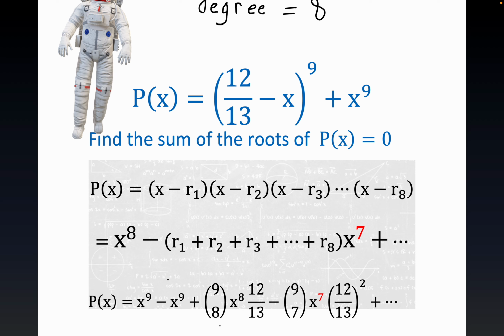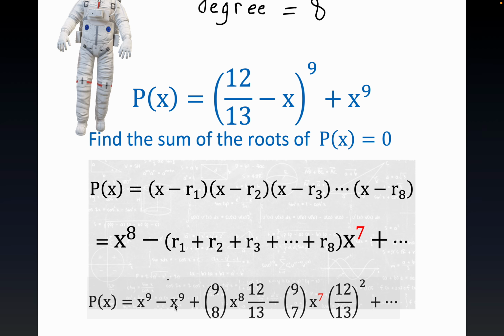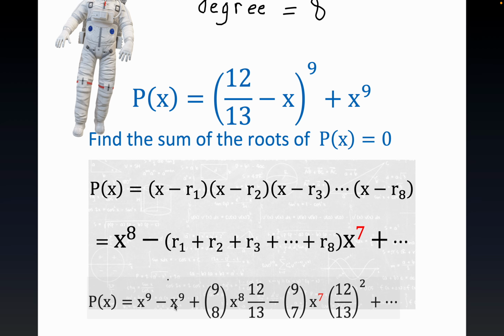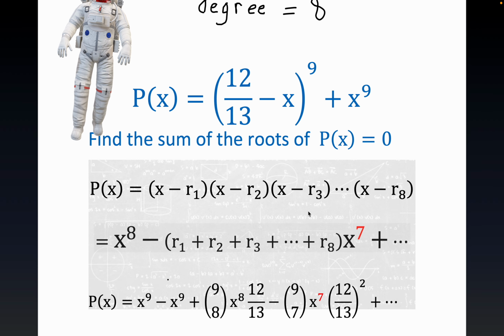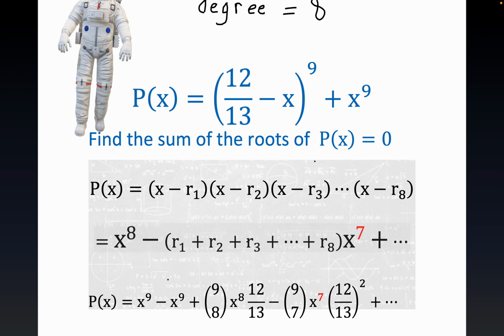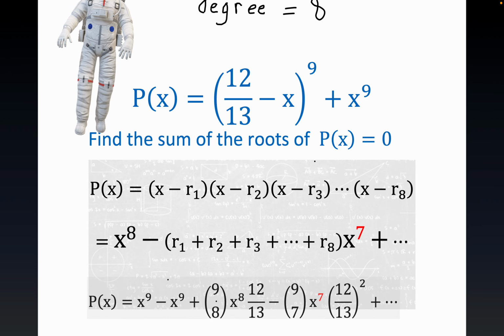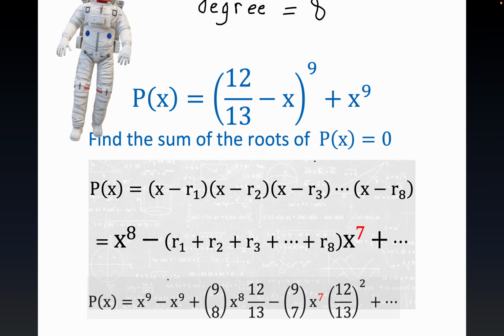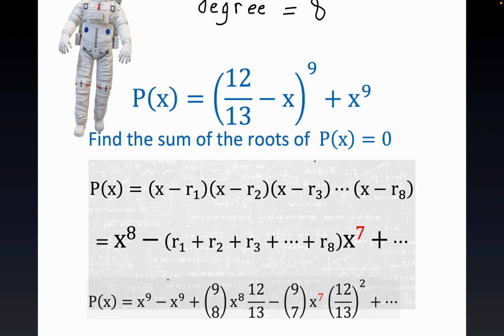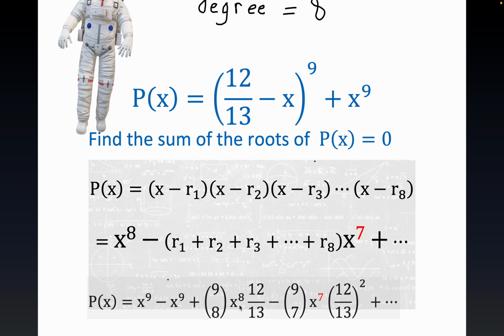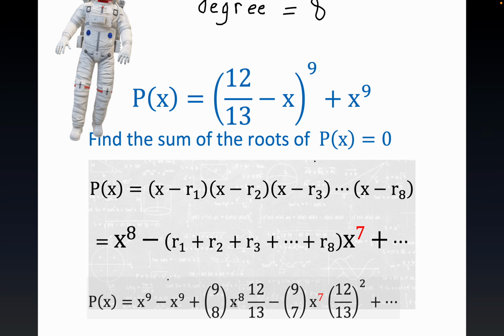The first term of the expansion would be minus x to the 9th, because it's minus x raised to an odd power. Now, the next term, this 9 choose 8, is the binomial coefficient, the combination 9 choose 8. Notice there's no minus sign here because it would be minus x to the 8th.